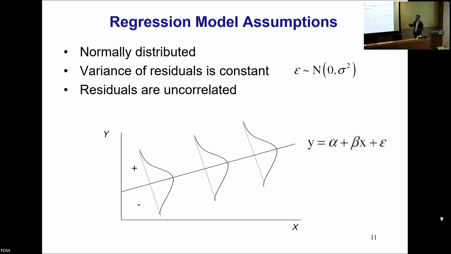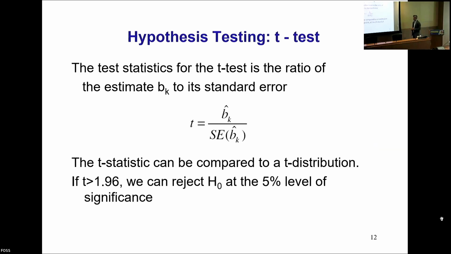So multi-level models are really about being able to relax the second assumption, that the variance of the residuals is constant, because they allow for heteroscedasticity. I'll come on to that. I'm just doing the refresher of linear regression right now. The other thing is statistical significance. We often test whether a coefficient is statistically significant by dividing the coefficient by its standard error.